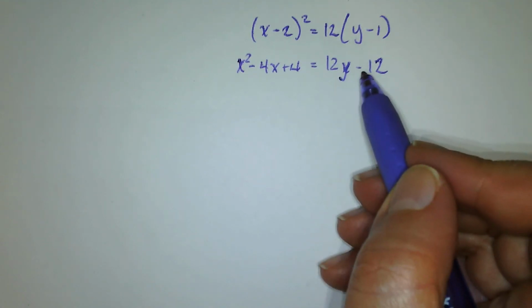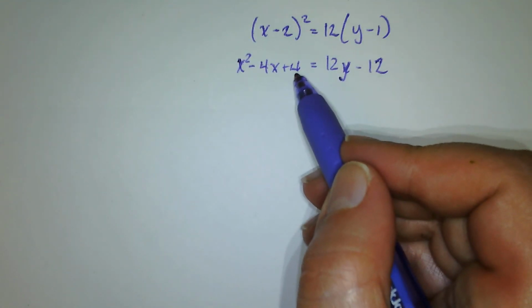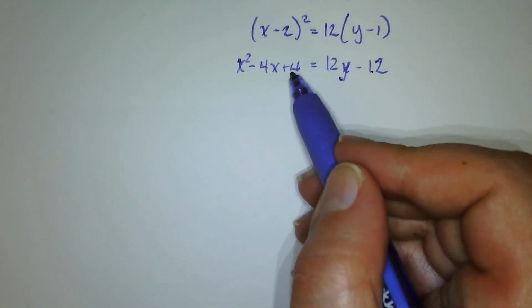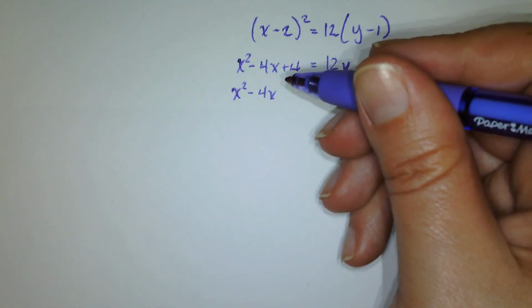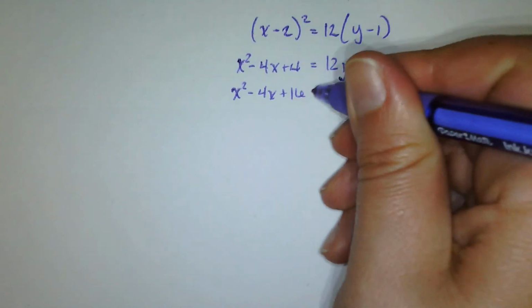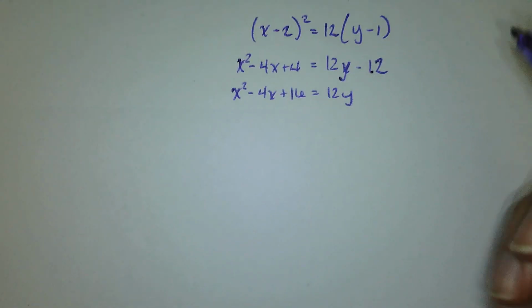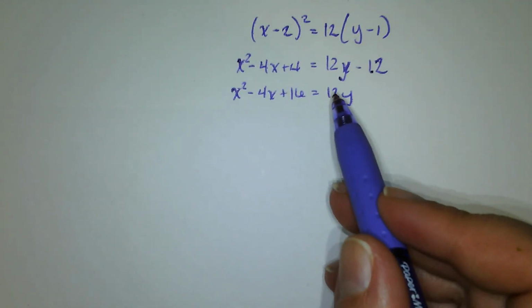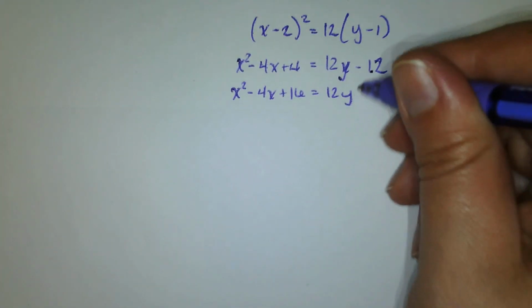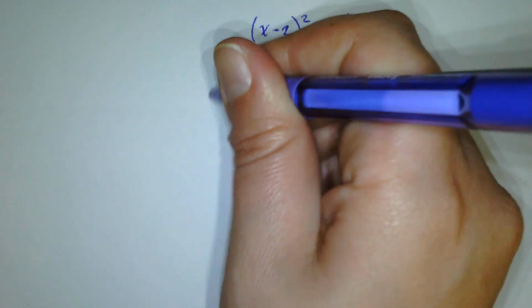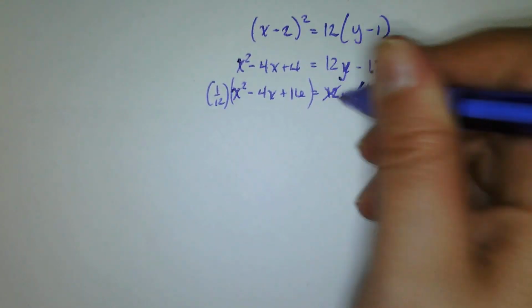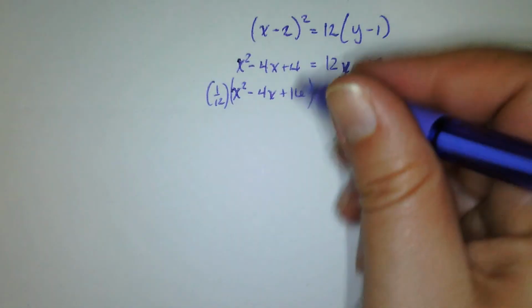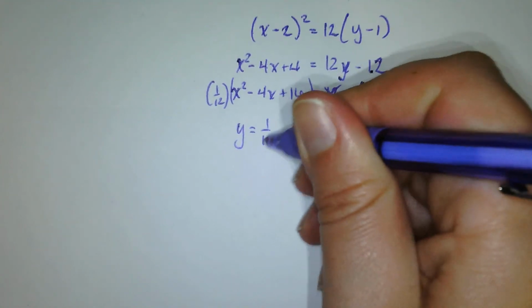I'm going to add the 12 over to the other side, so 12 plus 4 gives x squared minus 4x plus 16 equals 12y. Then I'm going to multiply by 1/12 on both sides, and that cancels, and there it is. That's our normal form. So y equals 1/12.